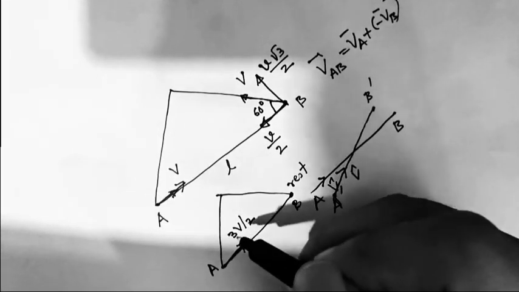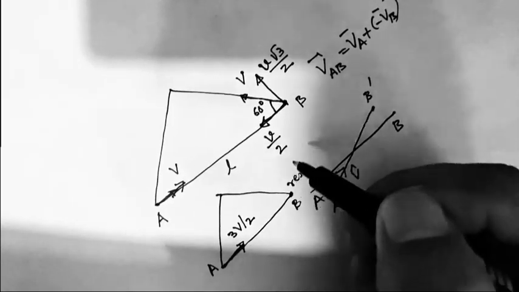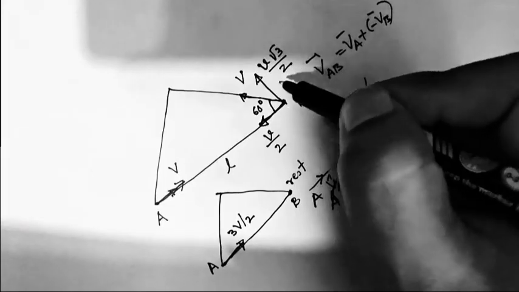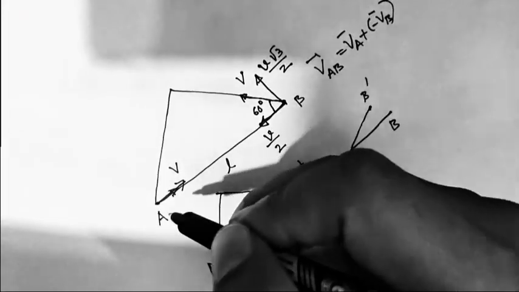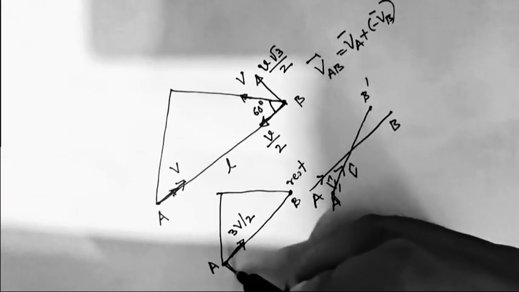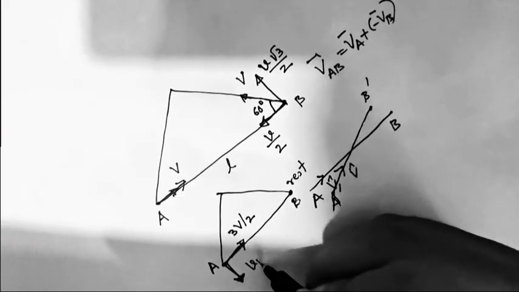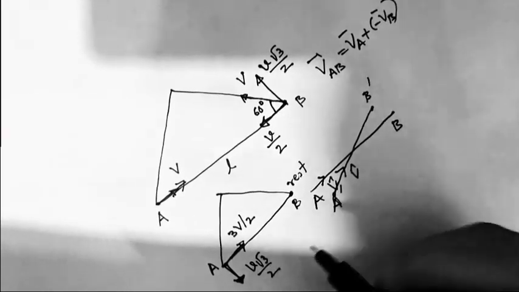Okay. But I'm not interested in this speed because this speed is only decreasing the distance between A and B. You have to also reverse this velocity of B and add to A. So you will get one more velocity here. That will be how much? V root 3 by 2.